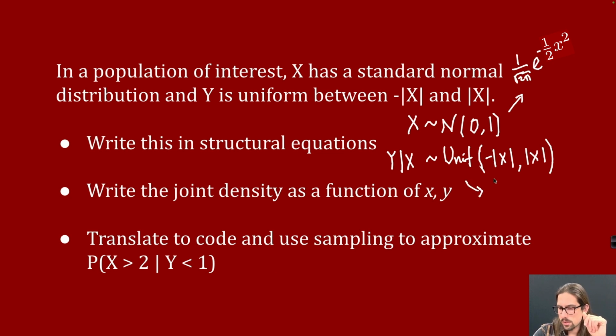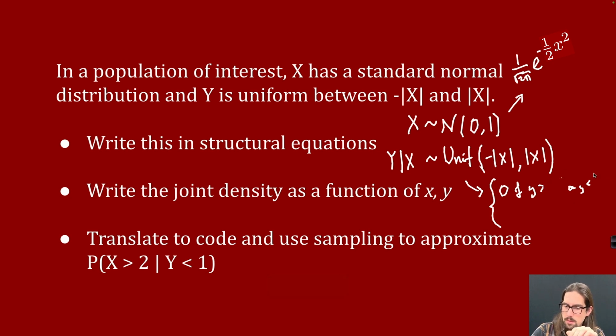So I'll say the density takes the value 0 if little y is bigger than the absolute value of x, or little y is less than the negative absolute value of x.